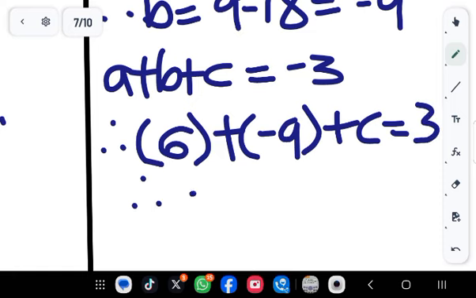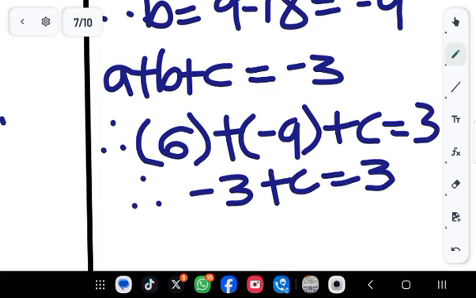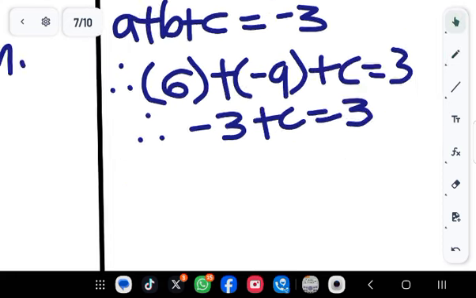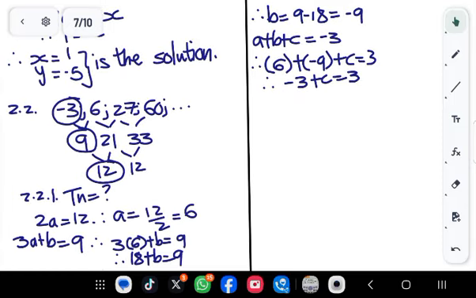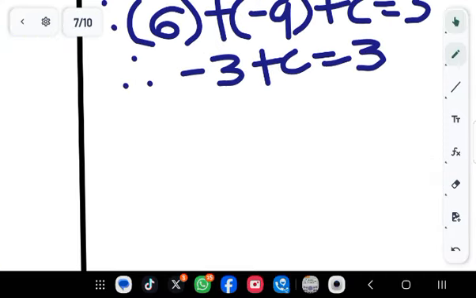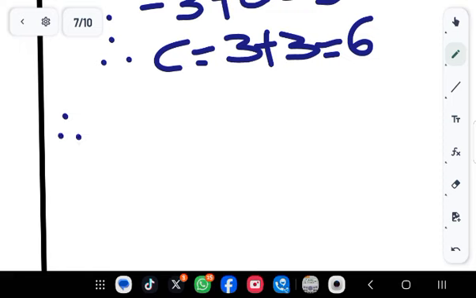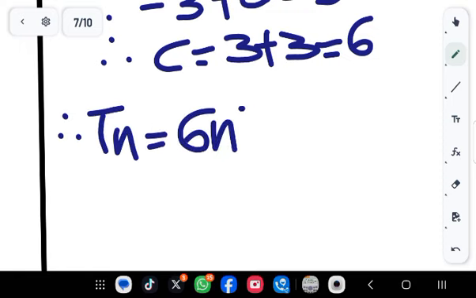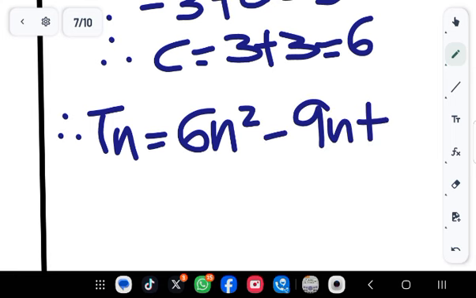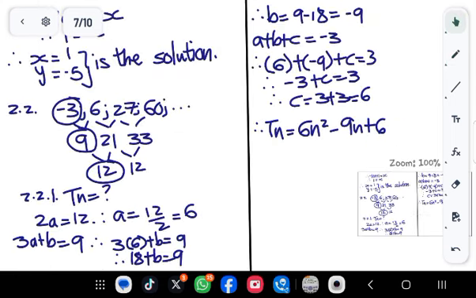This gives us negative 3 plus c equals negative 3. Therefore c equals 3 plus 3, which is 6. Therefore the general term is 6n squared minus 9n plus 6. And that's how you find the general term.